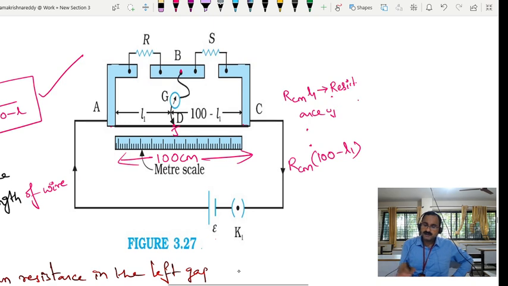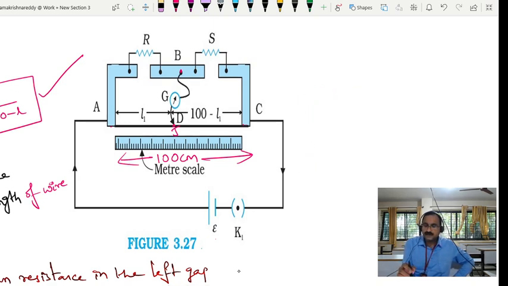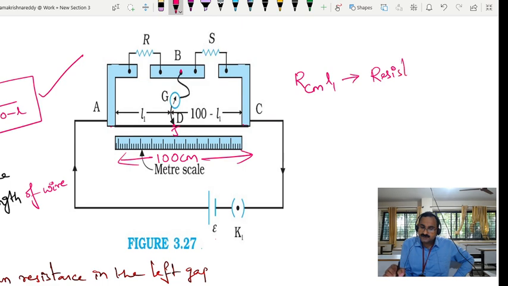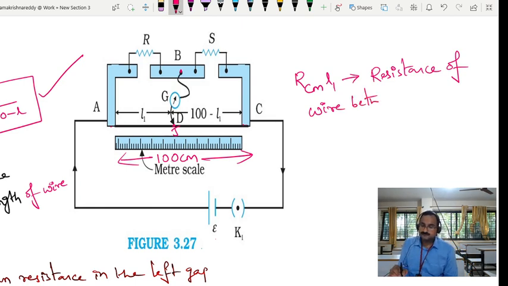So here I will write it clearly. Space was not there, that's why I wrote like that. Now I will write clearly. RCM into L1 is the resistance of the wire between A and J, where you got a null deflection, that is the balancing point.